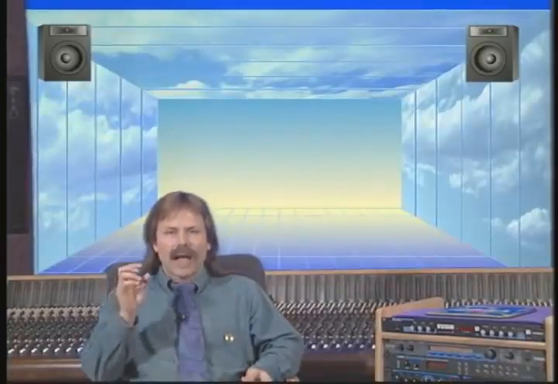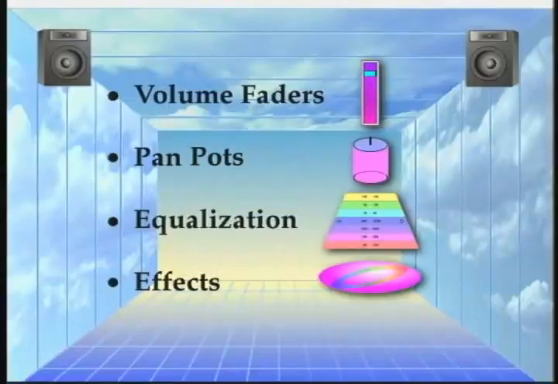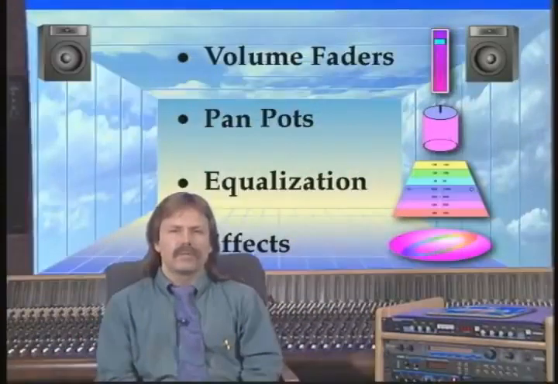The first question is, what tools do we have to make different types of mixes? What are the tools we have to create the dynamics an engineer creates? Well, as previously shown, we have volume, panning, EQ, and effects. These are the tools you use to create a mix.